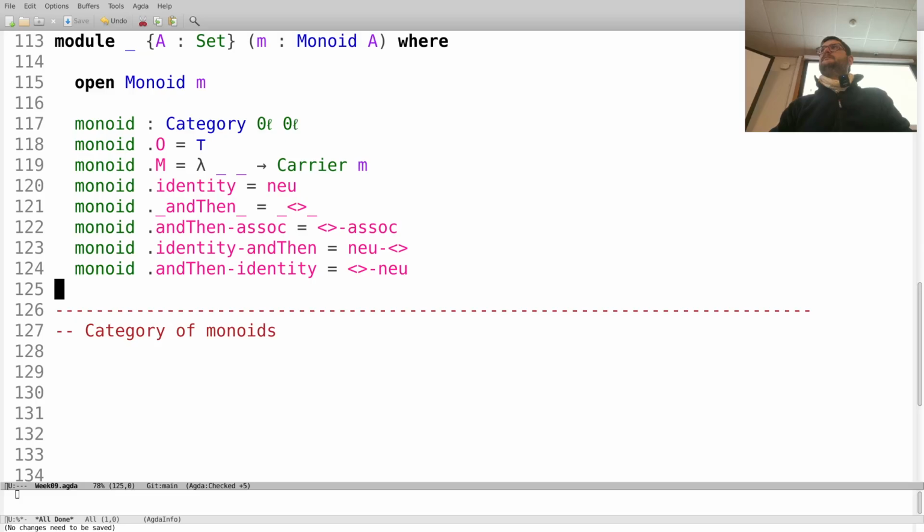But there is separately, not unrelatedly, a category where the objects are all the monoids. Because anytime you've got any sort of structure, there's going to be a category that corresponds to that structure, where the objects are examples of that structure, and the arrows are going to be things that preserve that structure.